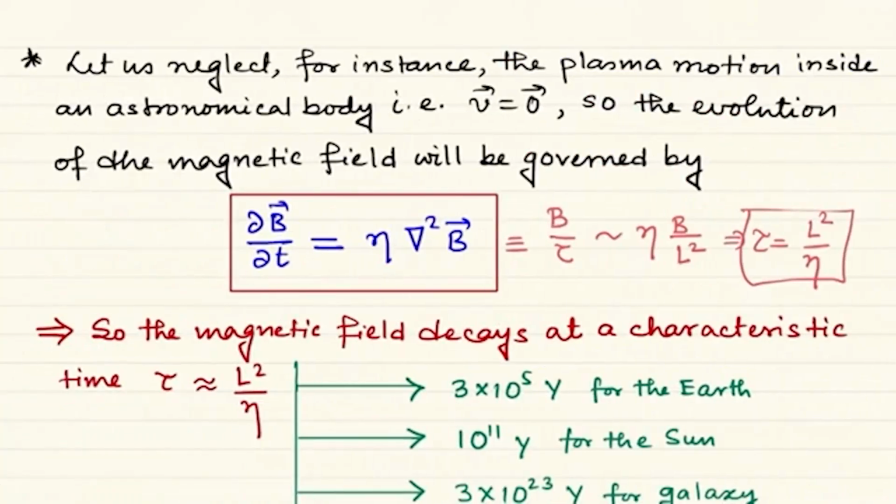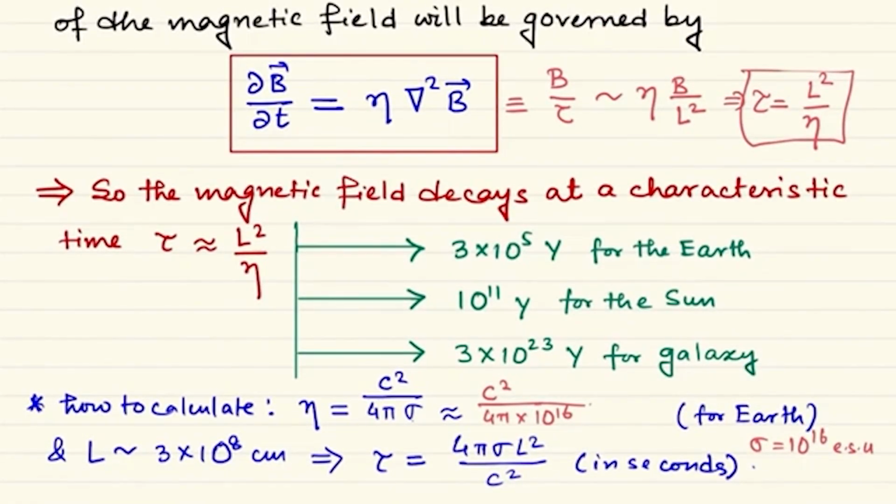Okay, so now this is actually very well known, and that's why we use this value for sigma, and we use this formula over here, thereby getting eta to give us such a value which leads to tau to be 3 into 10 to the power 5 years.